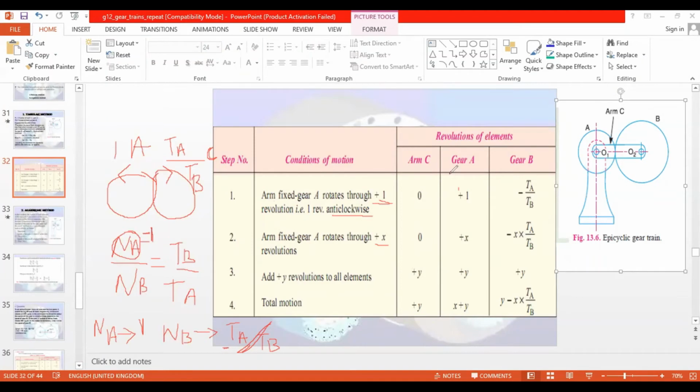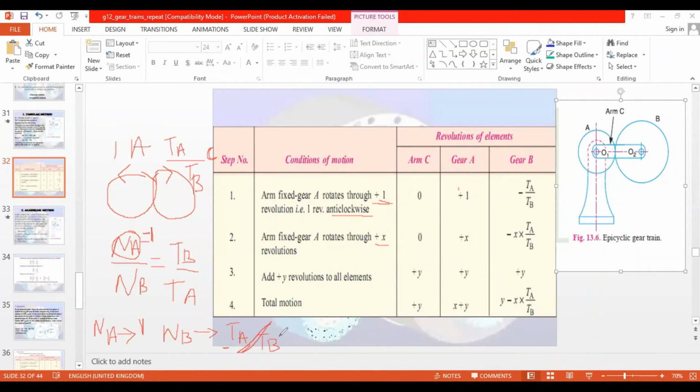Now the arm is also moving, so we add plus Y. The total motion of B is Y, the movement of the arm, minus X into TA by TB, where X is the rotation of A and TA by TB is the speed ratio.